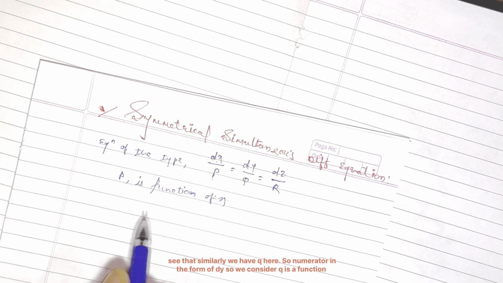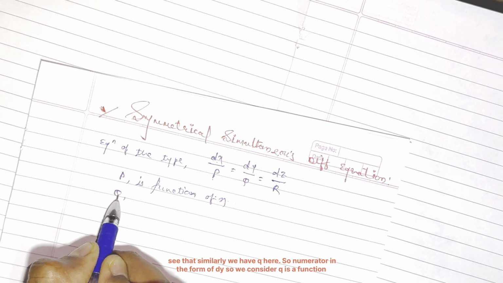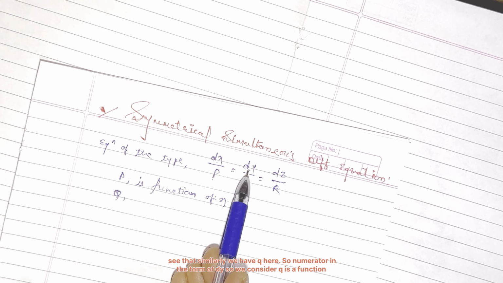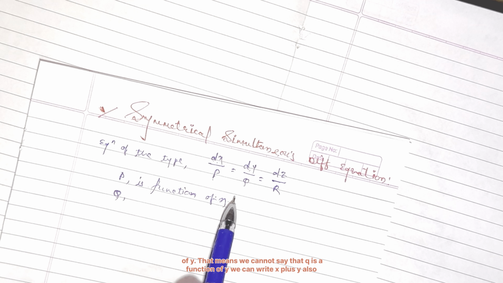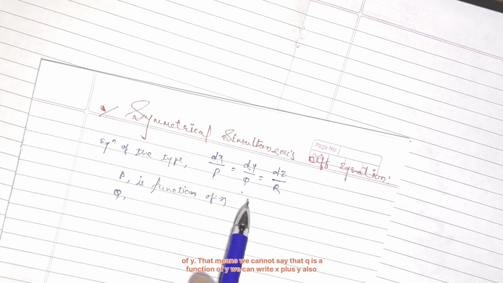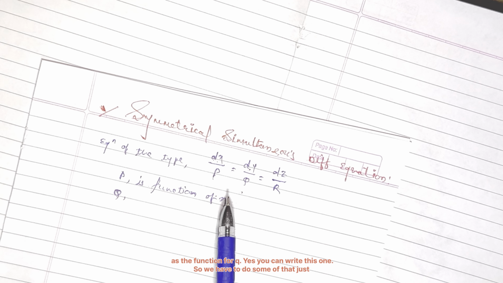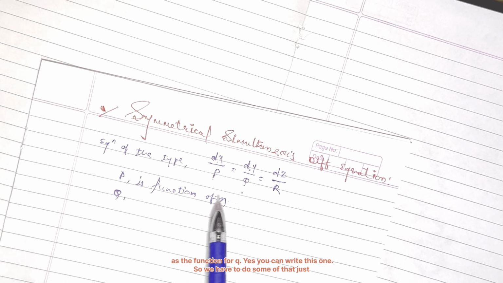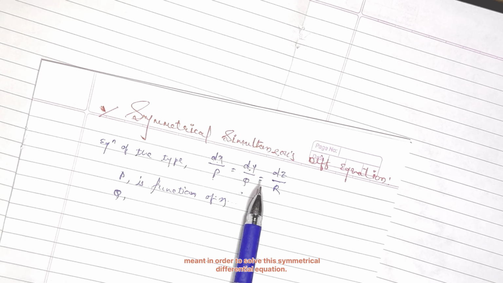Similarly we have q here. If the numerator is dy, we consider q a function of y. That does not mean q has to be only a function of y; we can write x plus y also as the function for q, so we have to do some adjustment in order to solve this symmetrical differential equation.